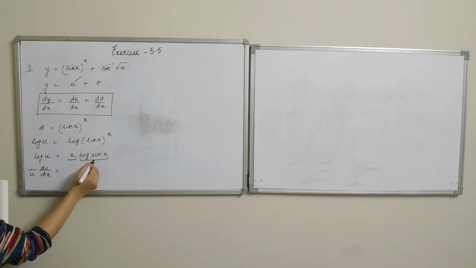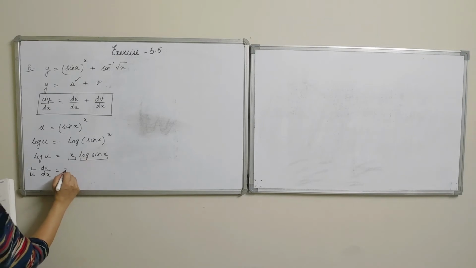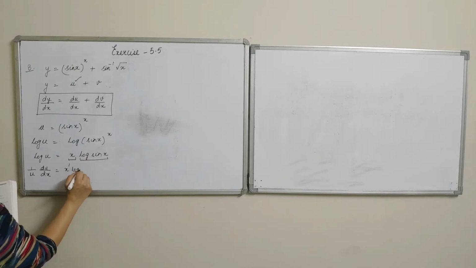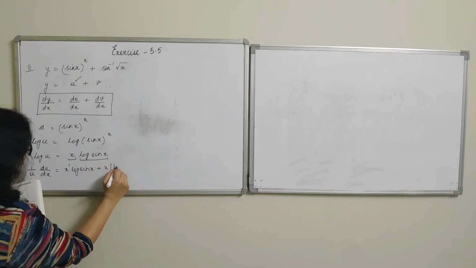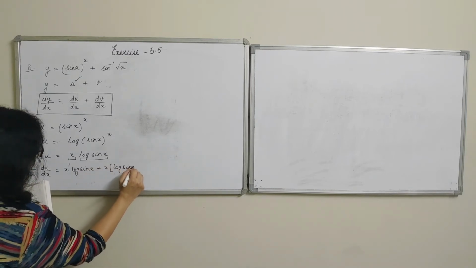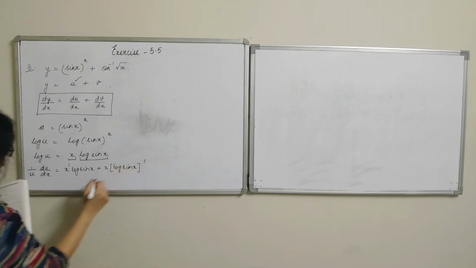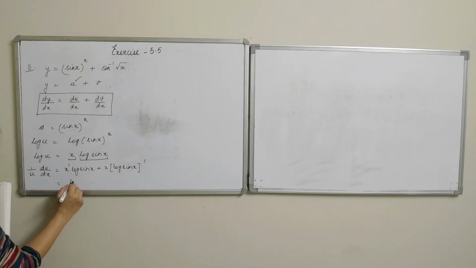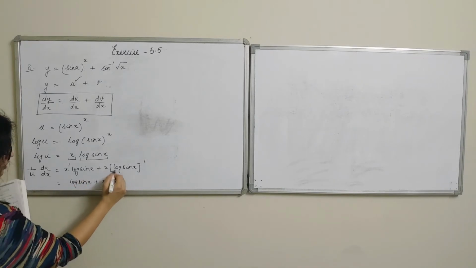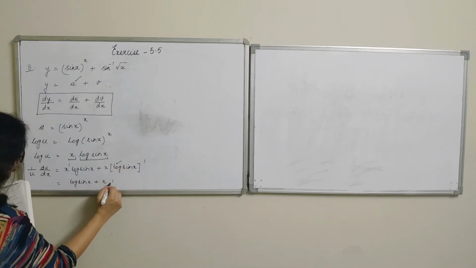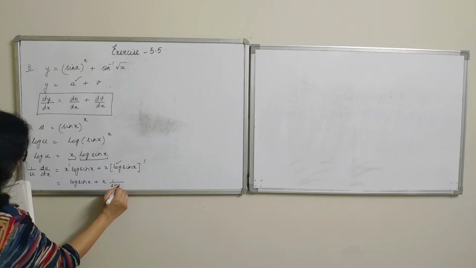Here we are using the product rule. So x dash into log sin x plus x into derivative of log sin x. So this is log sin x plus x, composite log function. Differentiating the log function, we get 1 upon sin x.